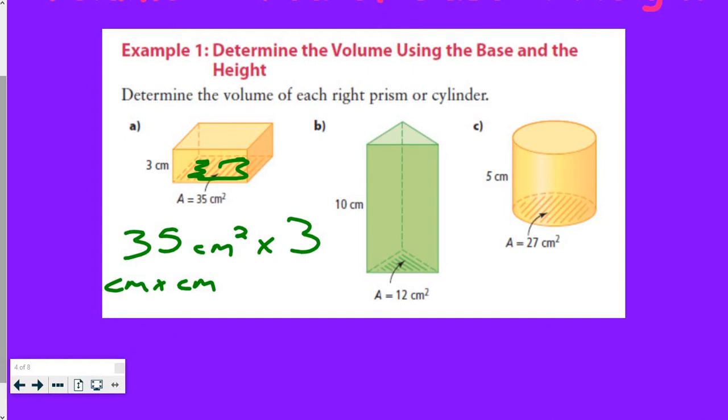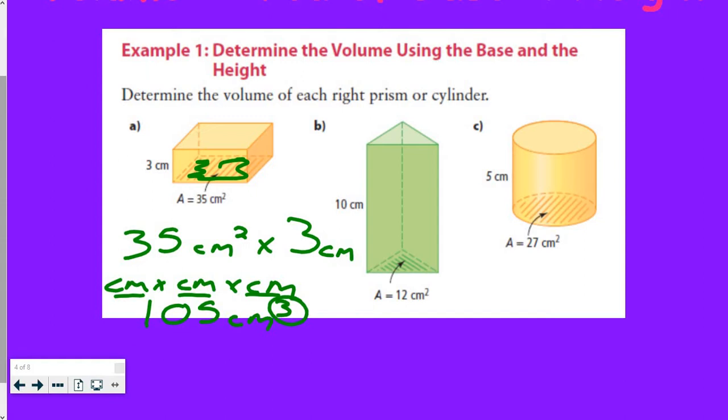So 35 centimeters times 3 centimeters. This equals 105 centimeters cubed, because 3 times 35 is 105, and we have 3 different centimeters that we're multiplying, which is the same thing as cubing it.